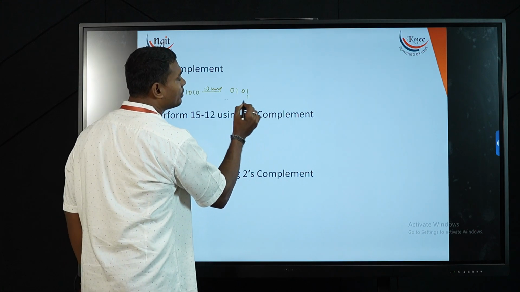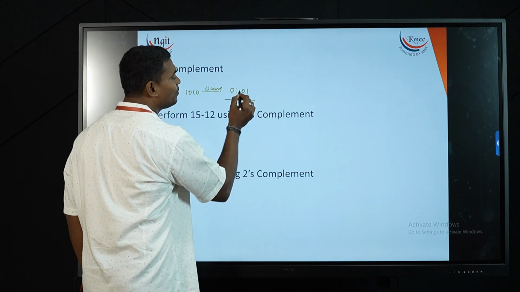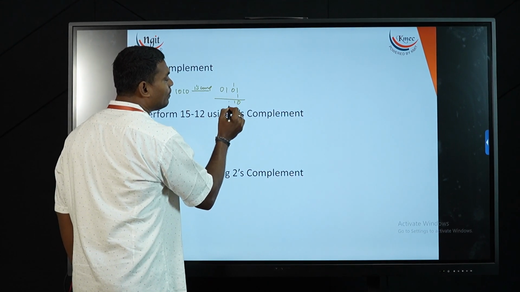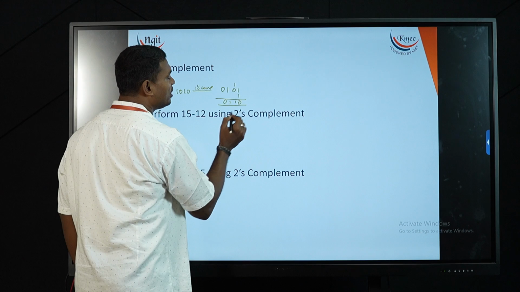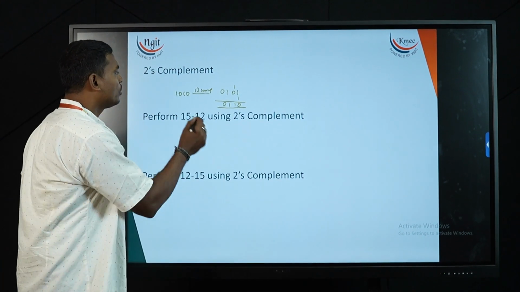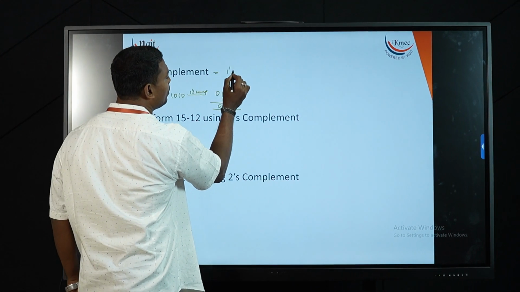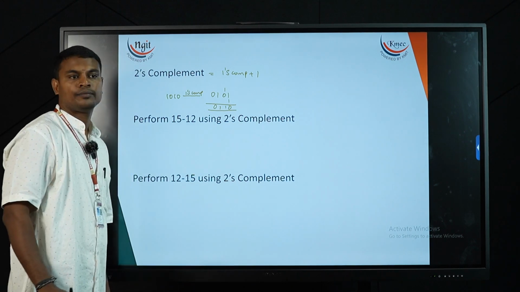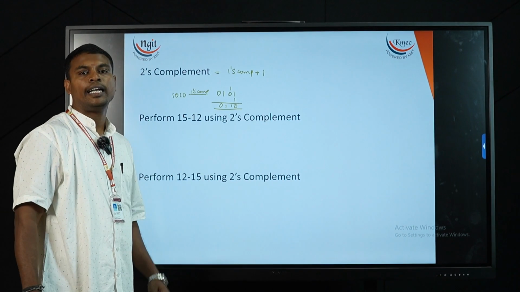Add 1 to this. 1 plus 1 is 0, 1. Again 1 here. 1 and 0. So this is your 2's complemented value for a given number. So 2's complement is equal to 1's complement plus 1. So we'll end our session here.